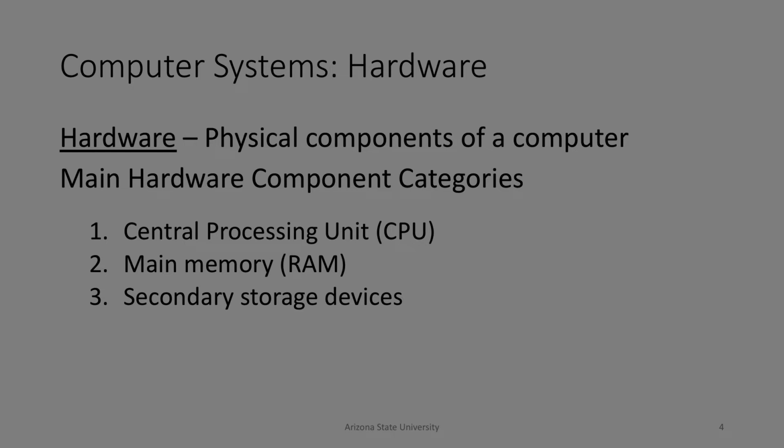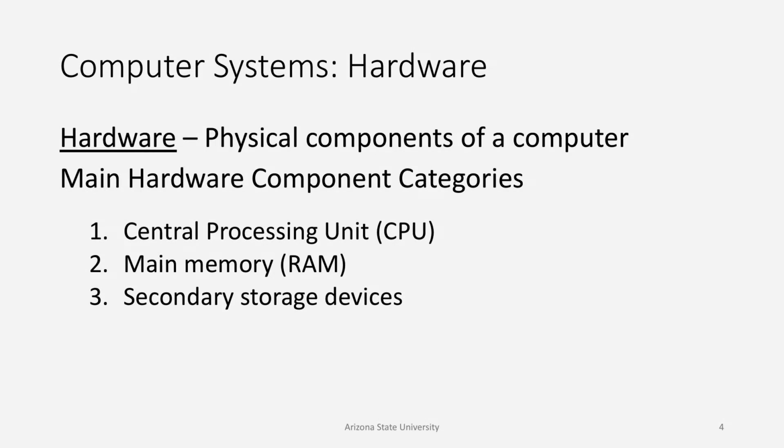But in order to actually store your program somewhere, we need secondary storage devices like your hard drive or an external drive. Why don't we just say, oh, we can just use main memory for everything, right? It's going to be transferred to main memory anyway, so why can't we just use main memory to start with? Right, and we'll get into that in a bit, but it's what is called volatile.